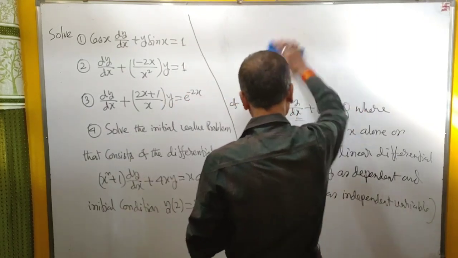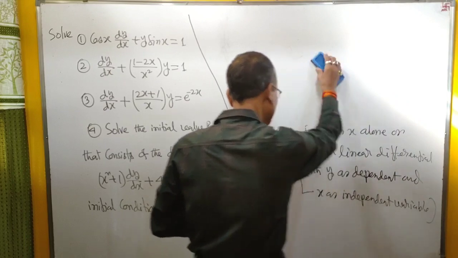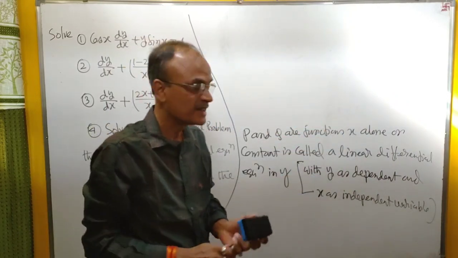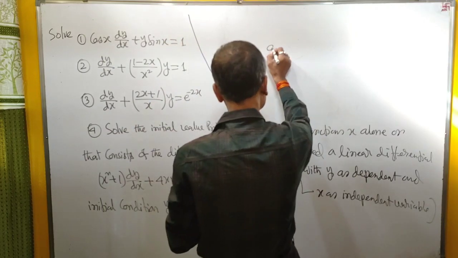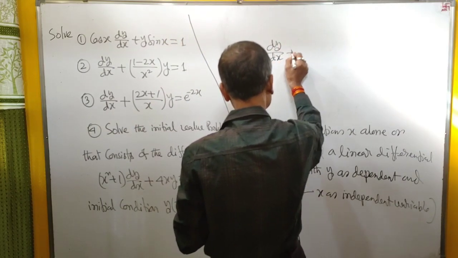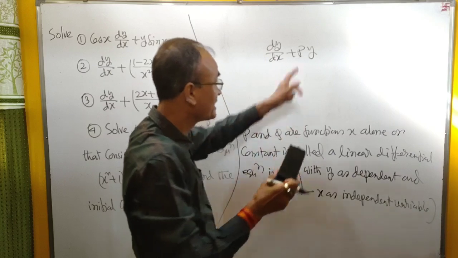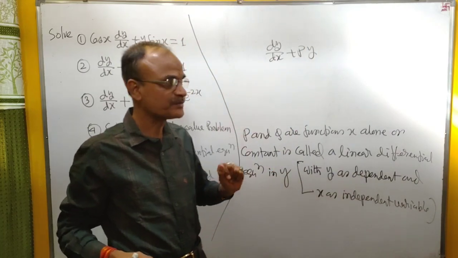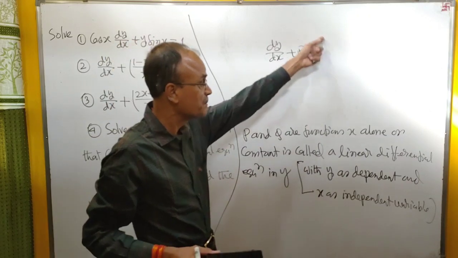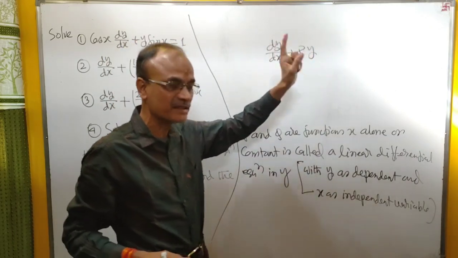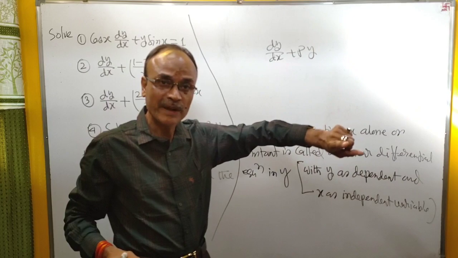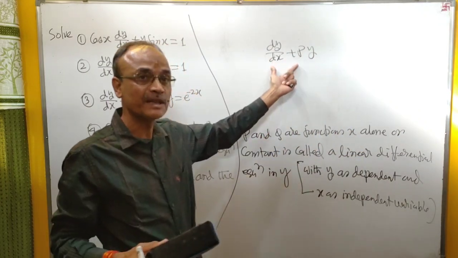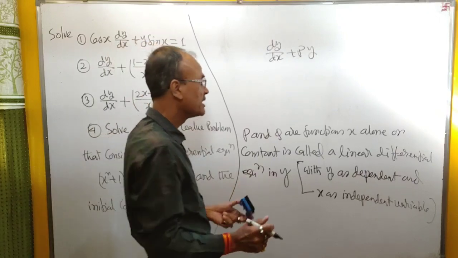The left hand side is dy by dx plus py, where p and q are functions of x or a constant. We should multiply the differential equation by a factor in such a way that this becomes a perfect differential. What does it mean?